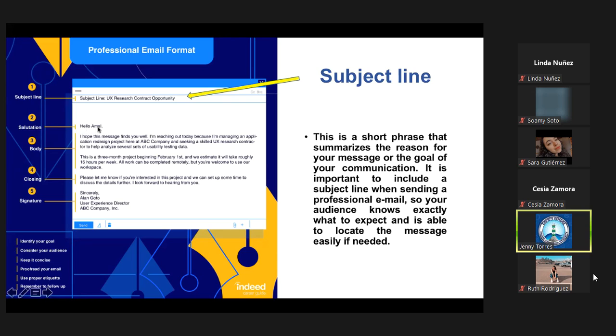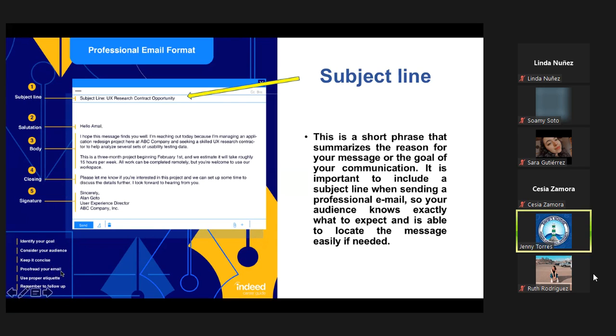Asimismo será su saludo y el vocabulario que usted use en su mensaje también será acorde a la audiencia a la que va a dirigir. Keep it concise, bueno, tienen que ser, que vayan preciso, que sea justo el mensaje que ustedes quieren dar. De no andar por la orilla, sino que ir directo a lo que ustedes quieren expresar.